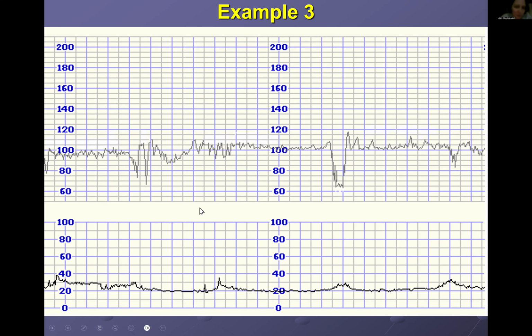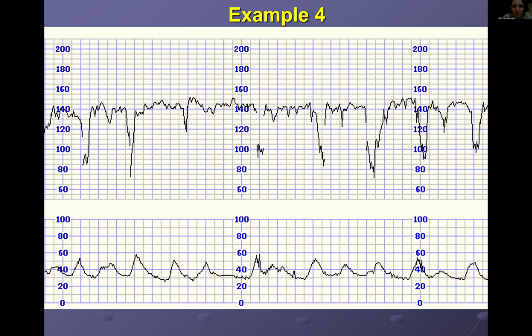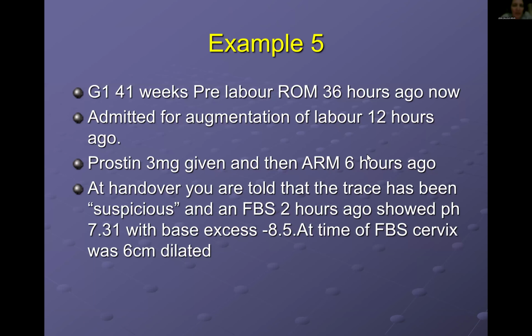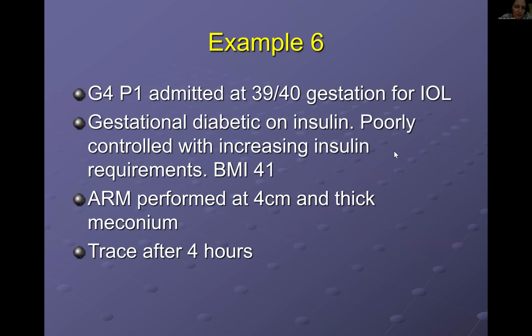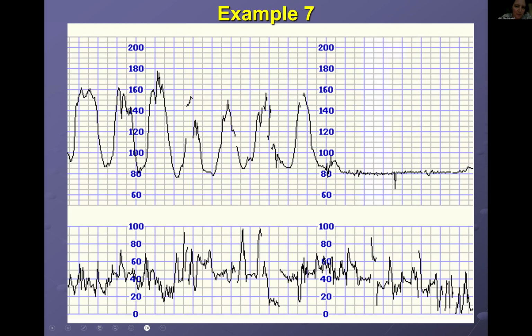For sure, if, for example, this baseline was at 80, I definitely would not put it down to post dates. For example, if we compare it to that one which had the obvious bradycardia, this for sure is abnormal. Even if she was 43 weeks, that is abnormal.